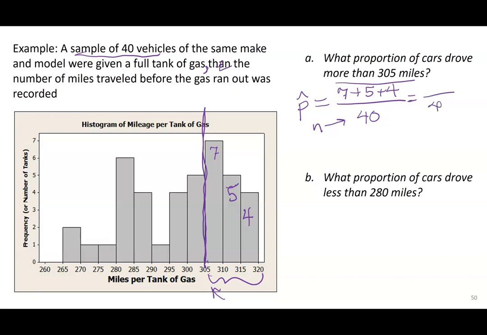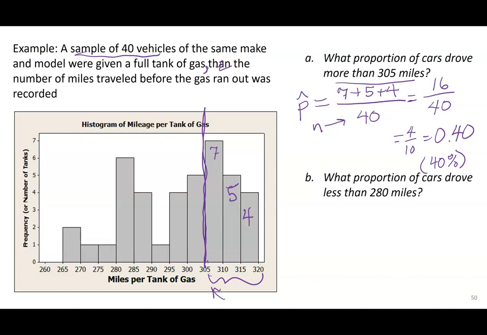Give you all a second. My 4 looks pretty curly. There we go. So 16 out of 40, 4/10. So 0.4. I like to put the 0 in there. If you were talking percent, this is the same as 40%. So 40% of the cars in this sample drove more than 305 miles on 1 tank of gas.